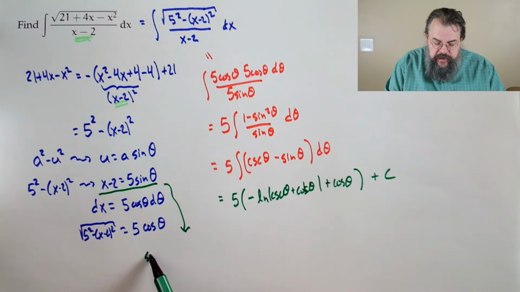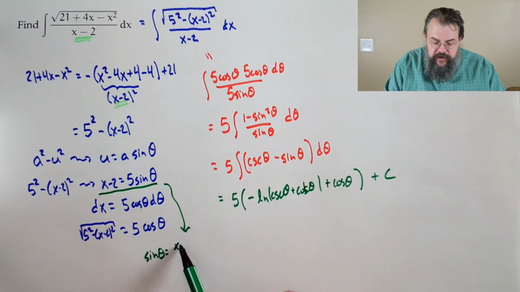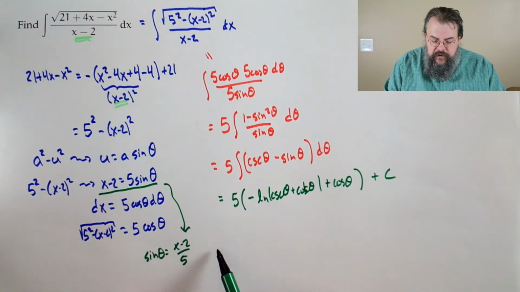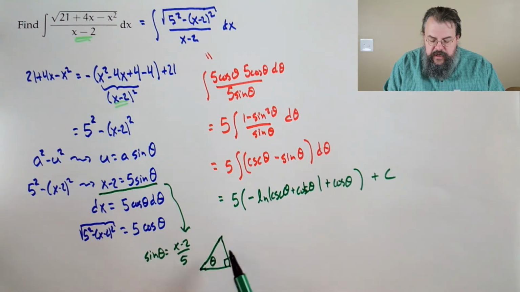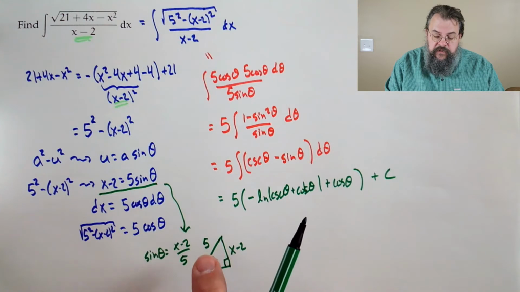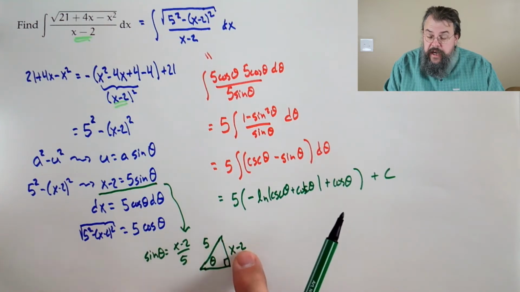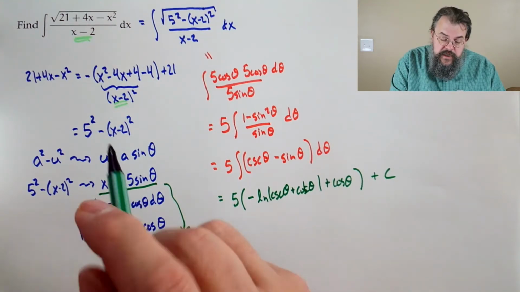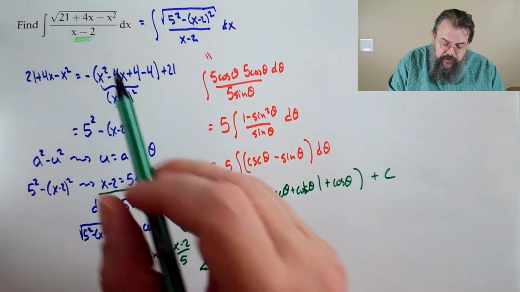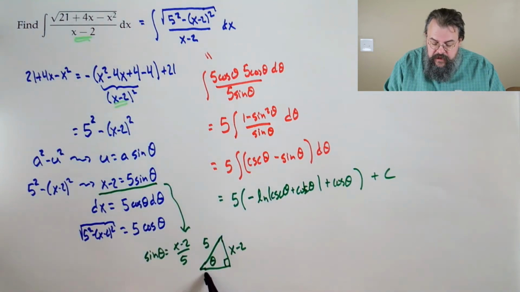So sine of theta is x minus 2 over 5. So if we come here, there's theta. Sine is opposite over hypotenuse. And then this missing side, well, you take 5 squared, subtract x minus 2 squared, which is actually this original piece here. That's not too surprising.